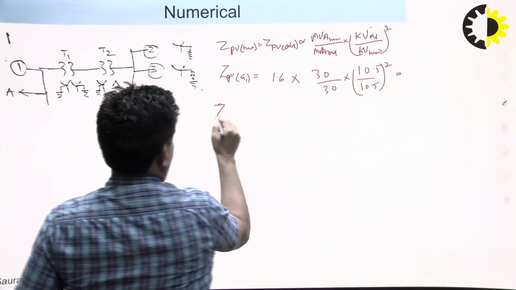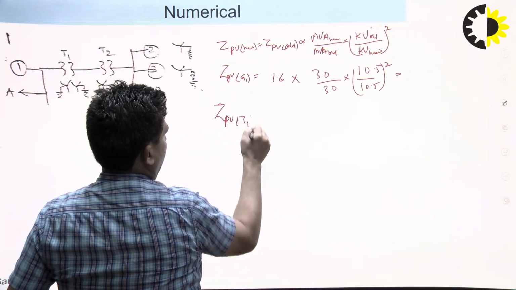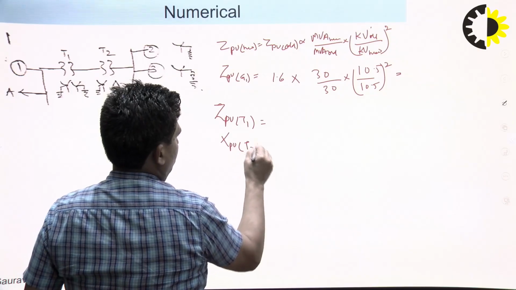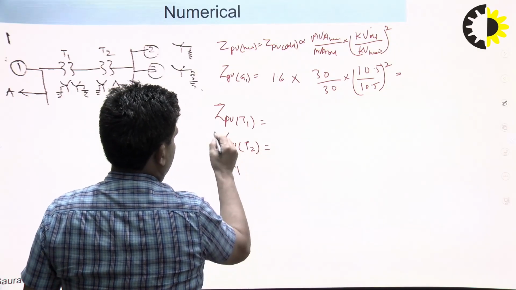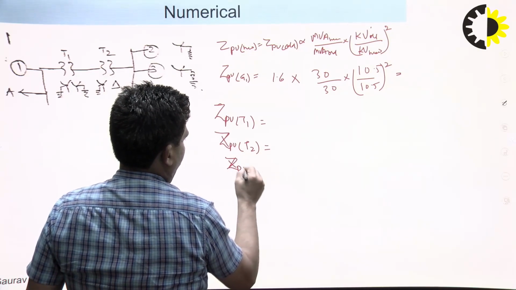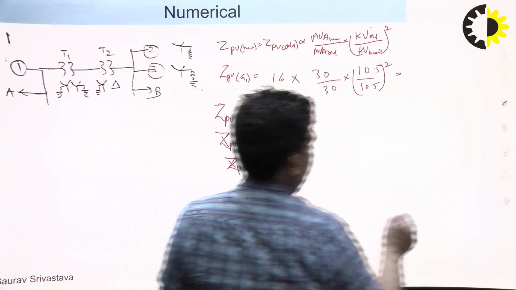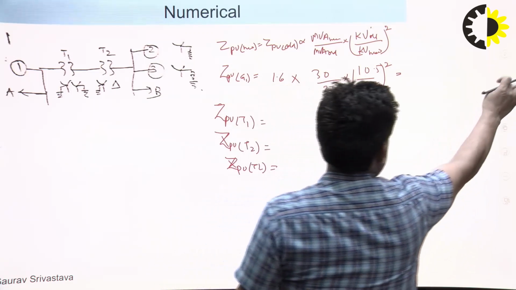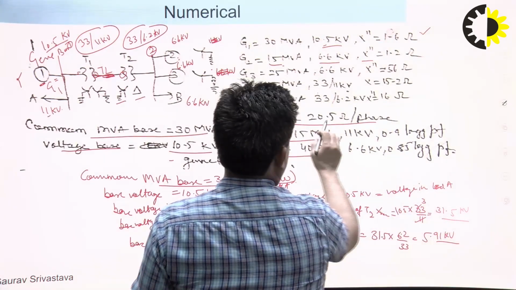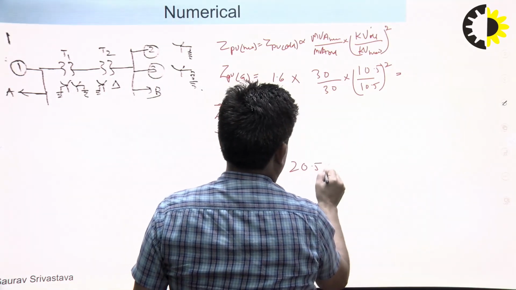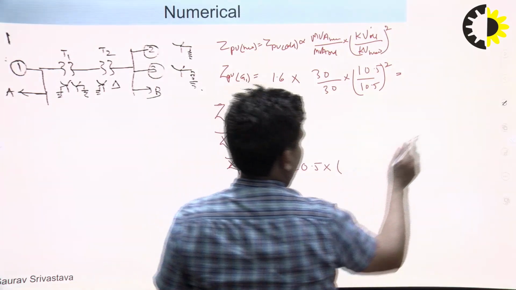Similarly, we calculate Z per unit for T1, T2 and the transmission line. For the transmission line, the value given is 20.5, into the voltage level.